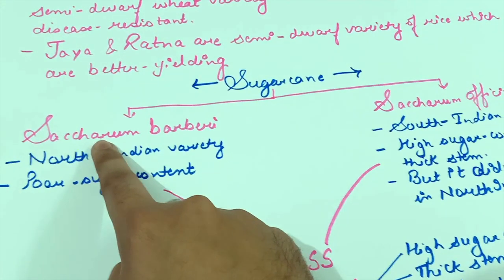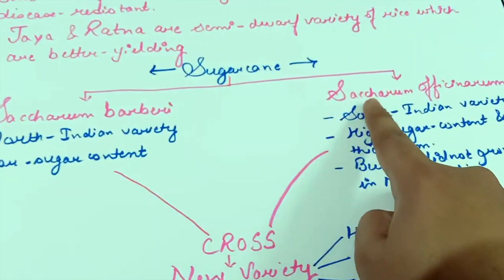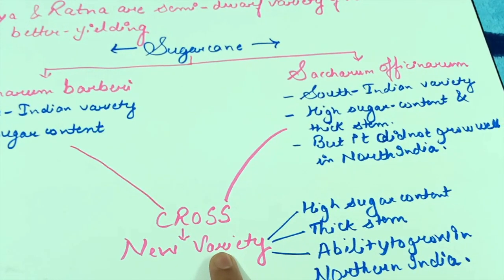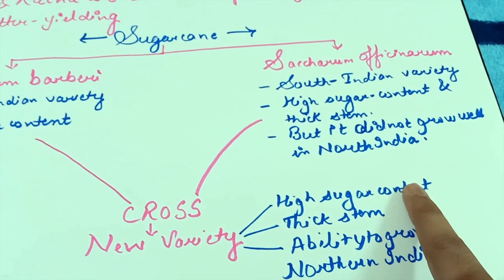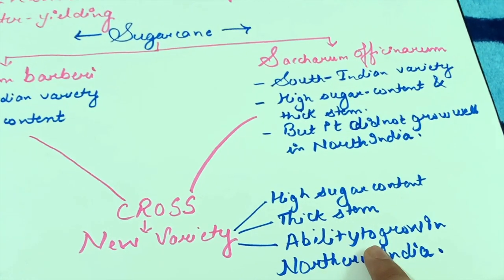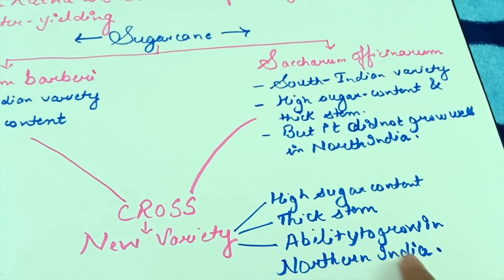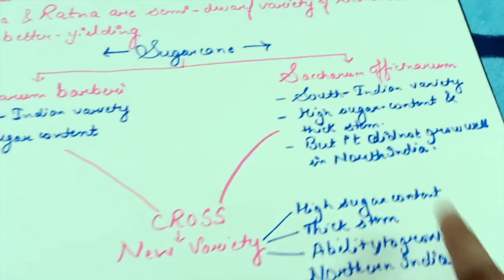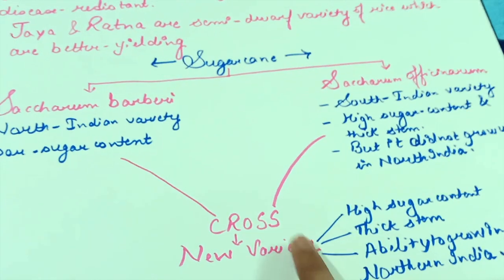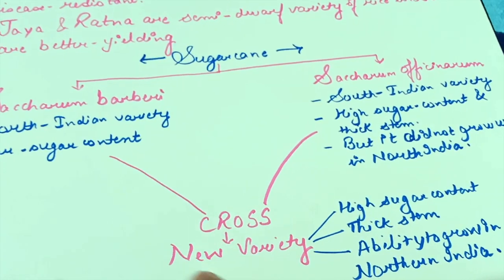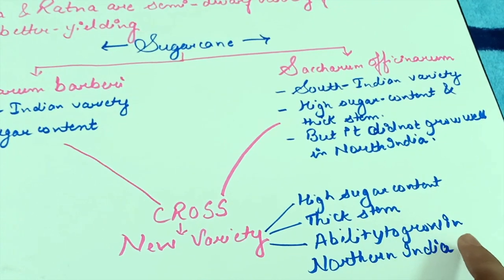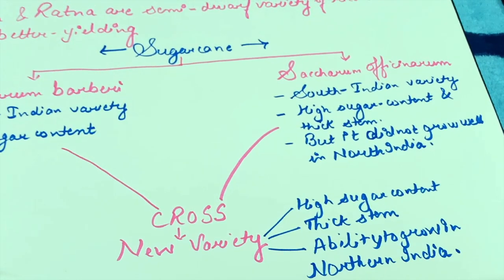We crossed Saccharum barberi and Saccharum officinarum, and the new variety that was obtained had high sugar content, had thick stem, and it had the ability to grow in North India as well. So by crossing the two varieties, the problem was solved.